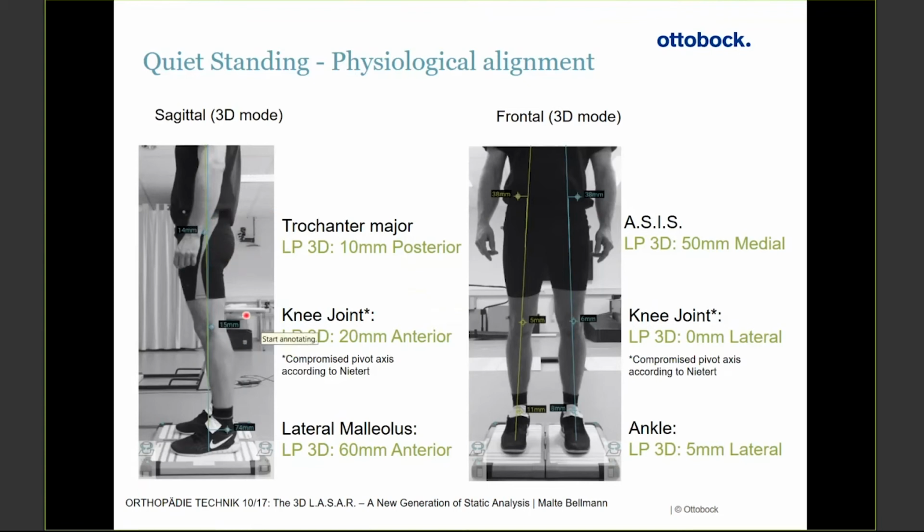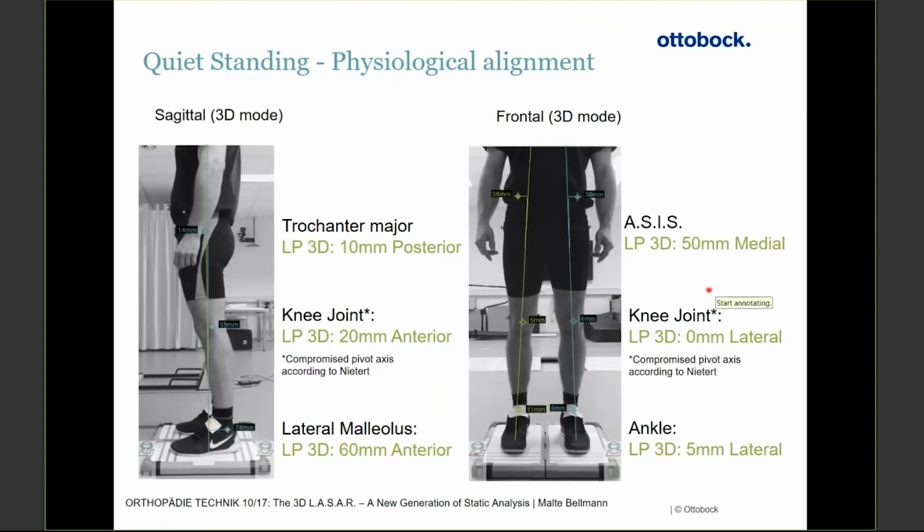With the knee joint, you'll see that the ground reaction forces are anterior to the knee axis, and this is called the compromised axis of rotation. I'll get into that maybe a little bit later on, but essentially it's a way of determining where our compromised axis is. So it's a little bit anterior to that. And when we measure from the lateral malleolus, it will be approximately 50 to 60 mm anterior to that.